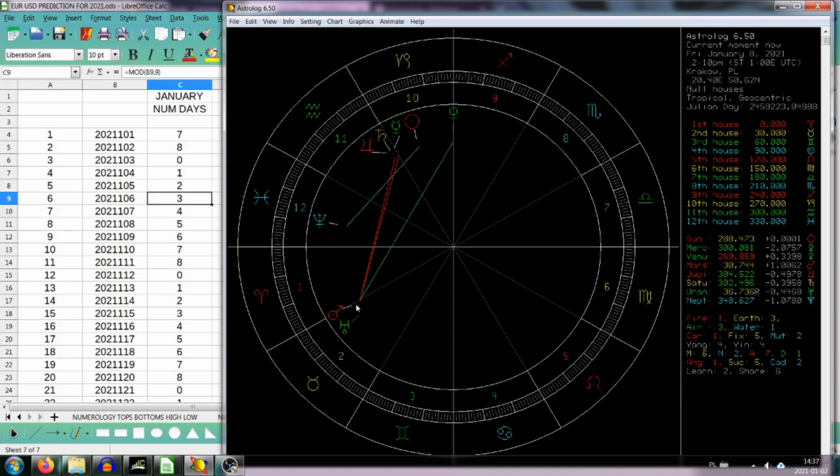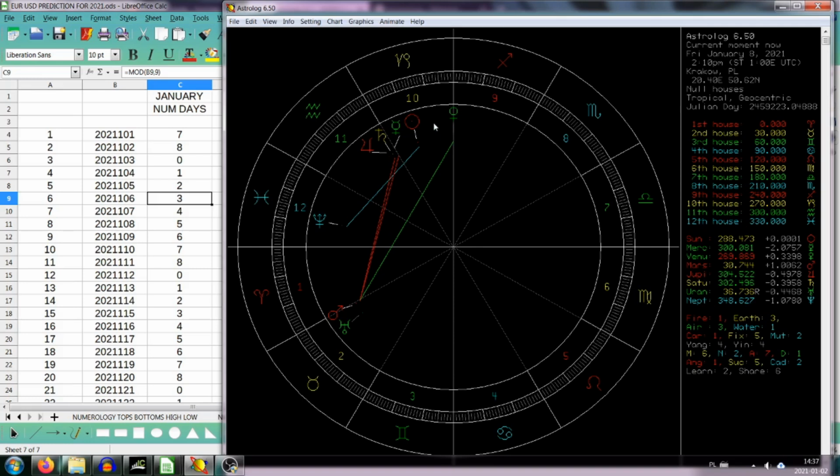And Mars just passed from Aries to Taurus, which started on 6th of January. Mars was at 29.83. At 7, it got into Taurus, and on the date of 8, we got this funny.